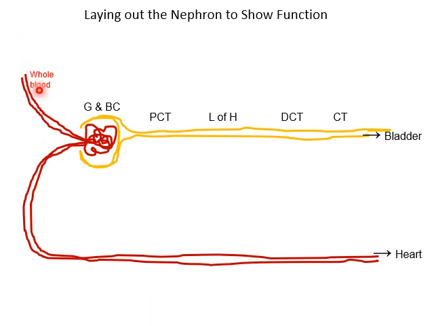Whole blood is going to come into this first capillary bed, the glomerulus, and then we've straightened out and combined that capillary bed that normally surrounds the nephron, and we've pulled it out and laid it parallel. So once we get down here, we're going to head back through the arteries to the heart.